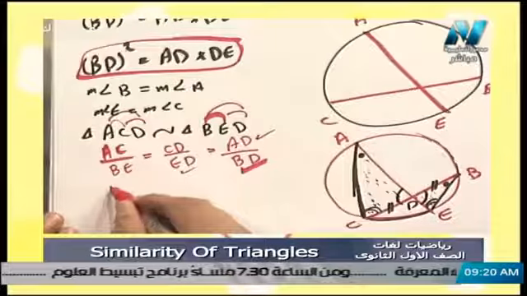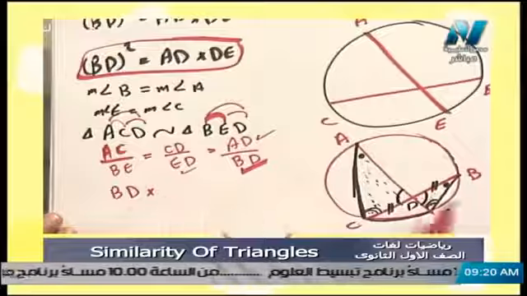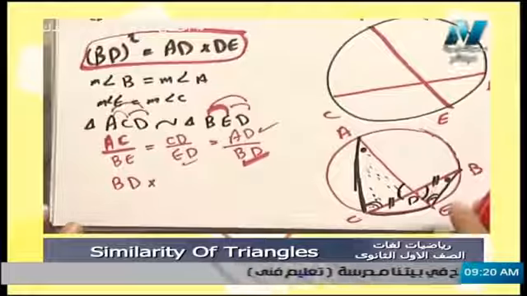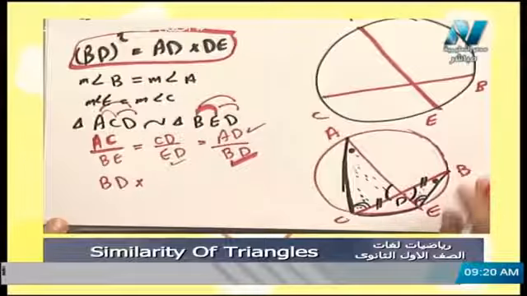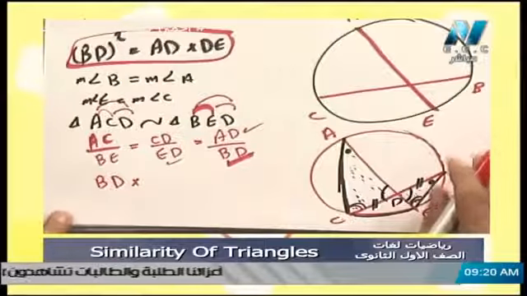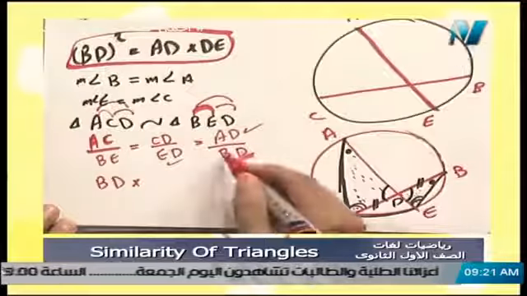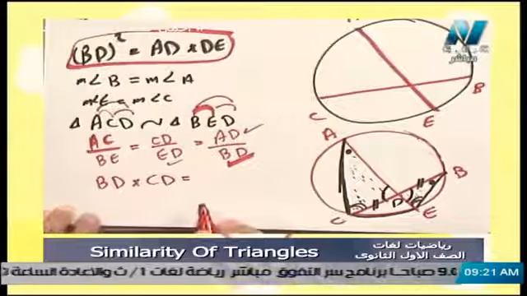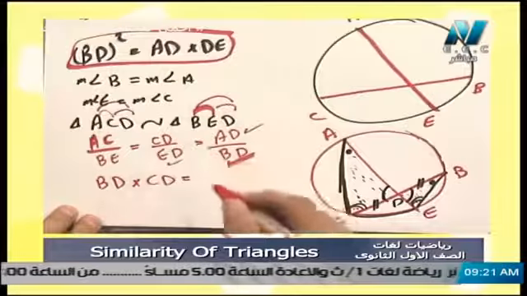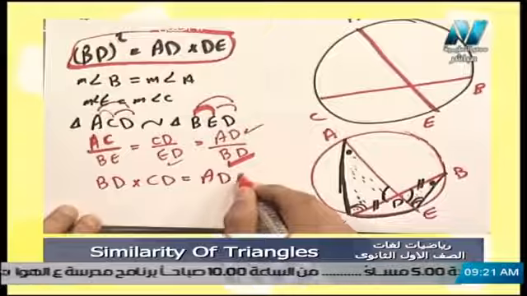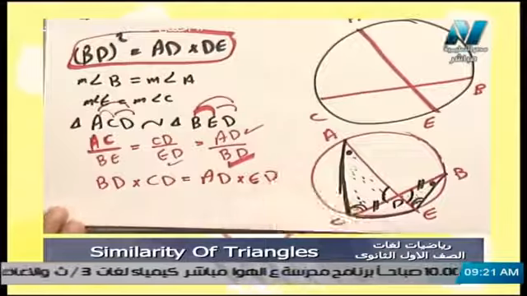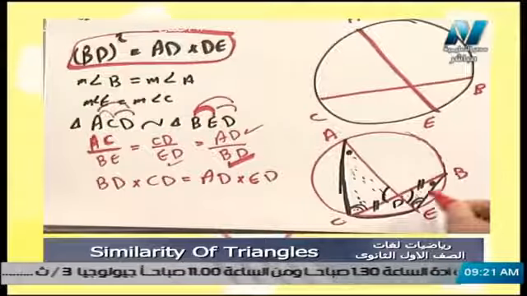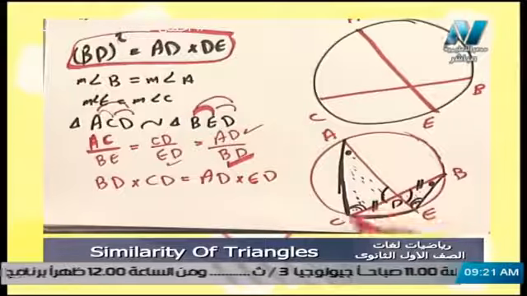BD times CD equals AD times ED. And we know that BD here equals DC.